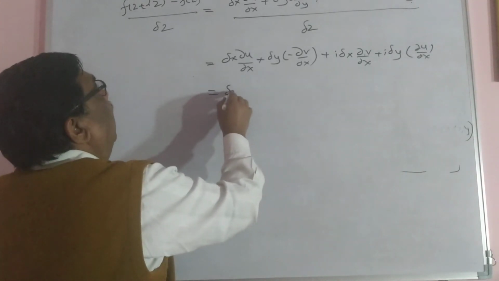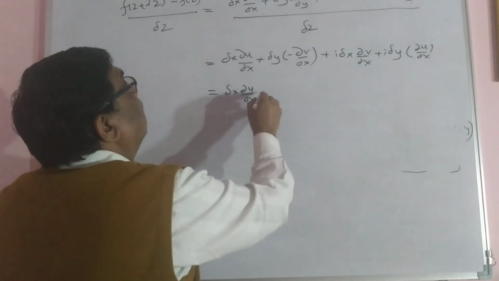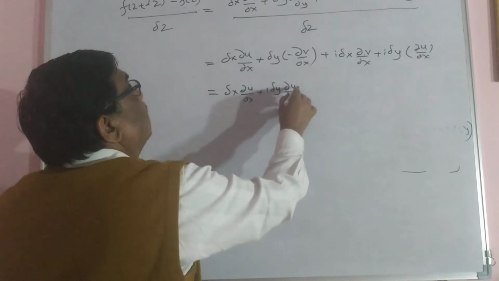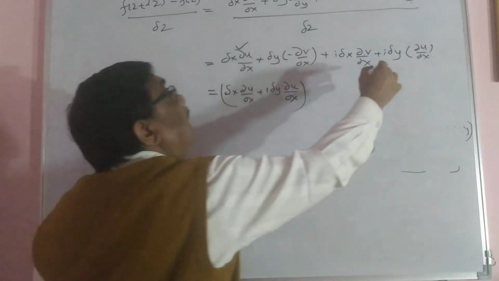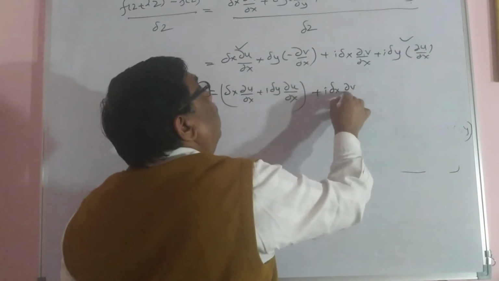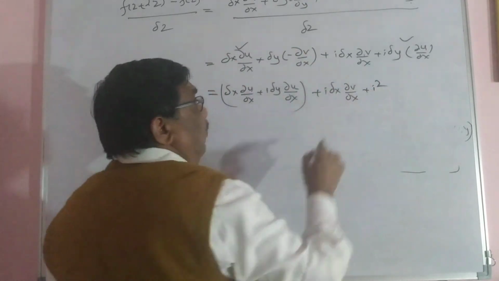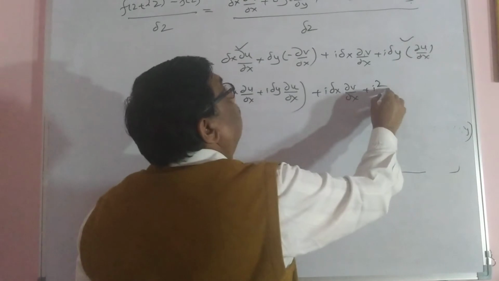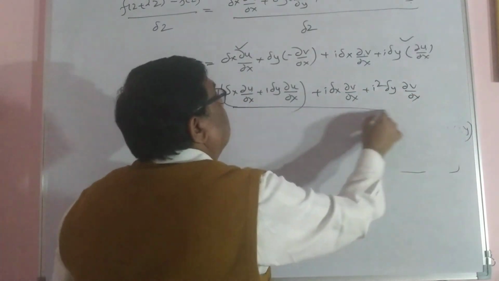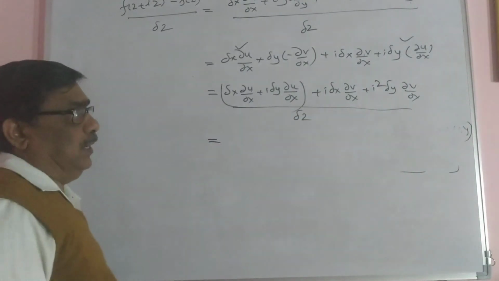Then delta x ∂u/∂x plus i delta y ∂u/∂x. Let us combine the first term and the last term, plus i delta x ∂v/∂x. The minus sign can be written as plus i square delta y ∂v/∂x, divided by delta z.